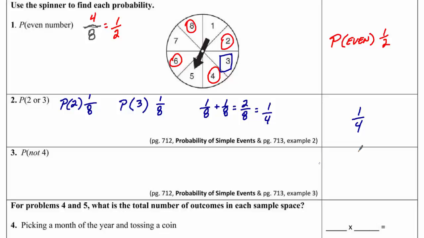Probability of not getting a 4. So the key here is the word not. If you think about the probability of getting a 4, the probability of getting that 4 is 1 out of 8. There's 1 4 on the spinner out of 8 possible. So the not probability, this not, is the complement of that.